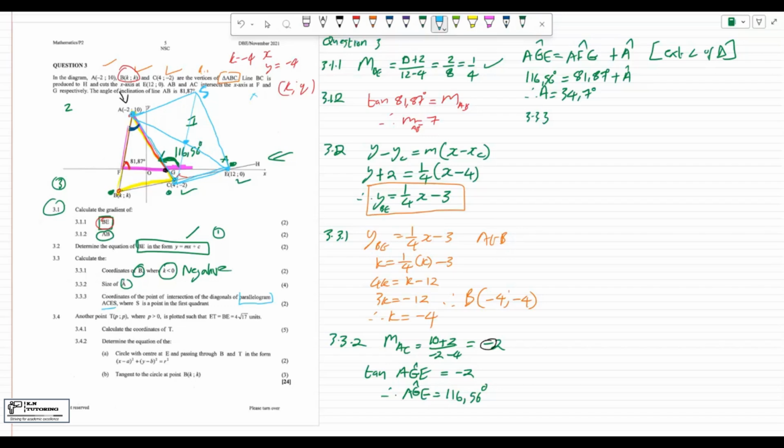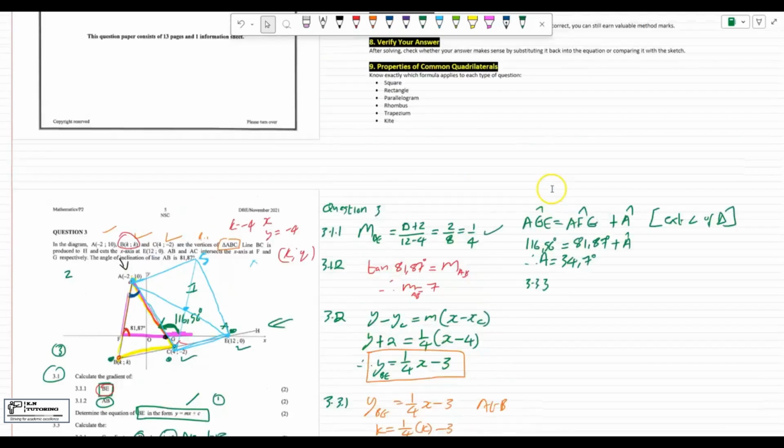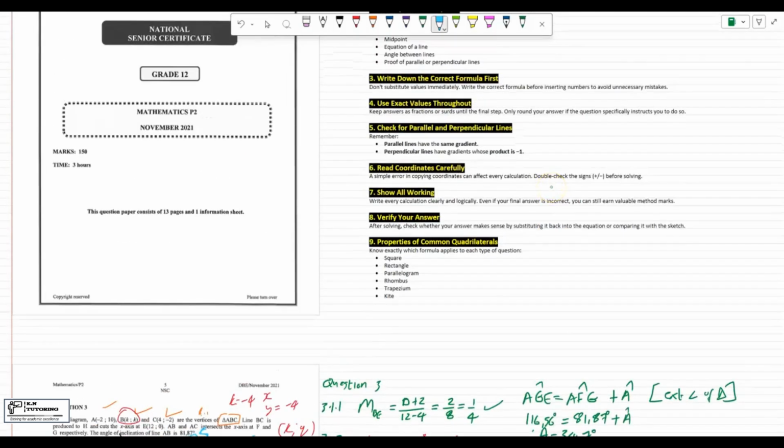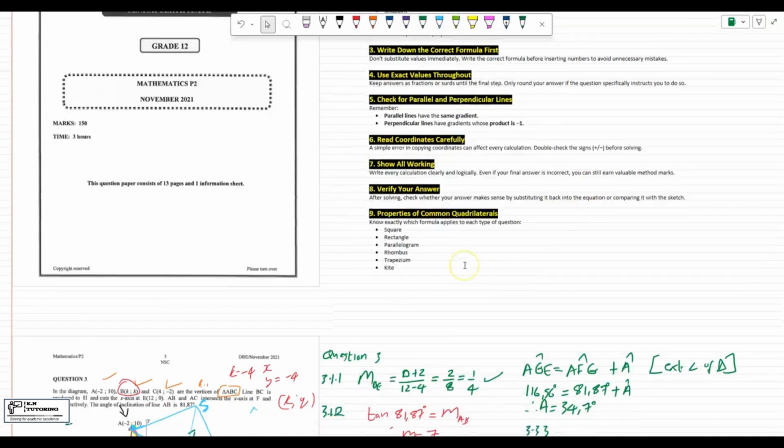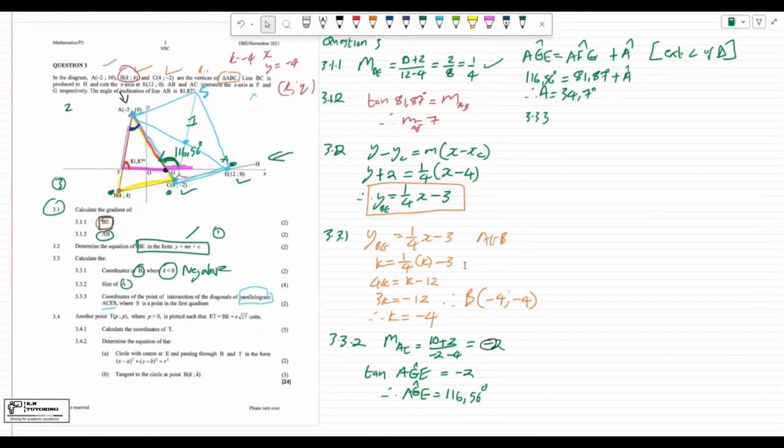So they want the coordinates, right? One of the properties of a parallelogram, which takes me back to what I mentioned earlier, is that you need to know exactly the formulas that apply to the type of questions. So you also need to know the properties of the parallelogram, square, rectangle, rhombus, trapezium, and kite. So you will know that the diagonals of a parallelogram cut here.